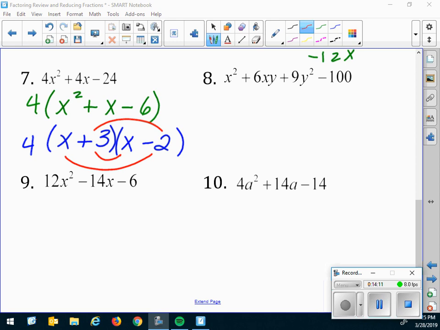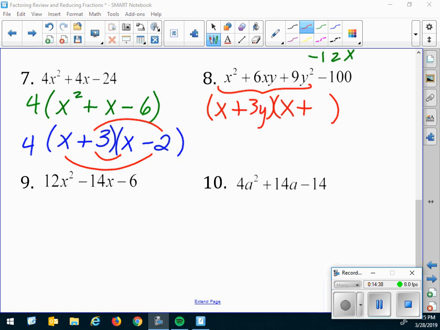So we're going to do this. How will that factor? I got an X and an X. What are my signs? Not just 3.